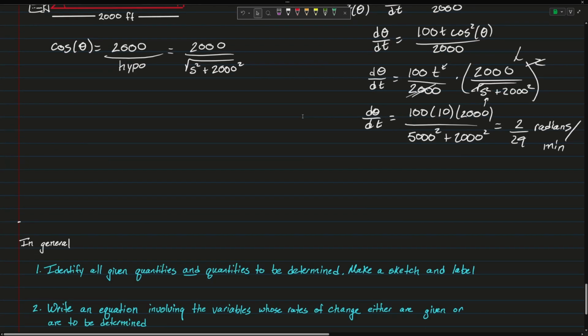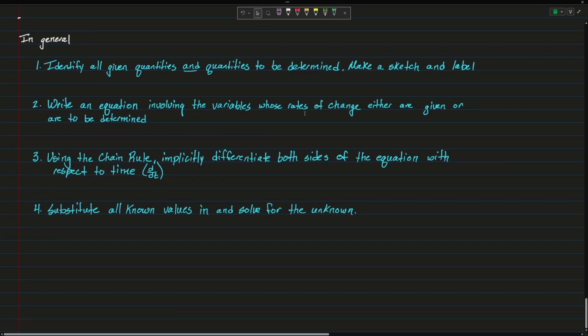All right. So in general, and we're gonna do some examples in class, and there's some examples on the homework, in general, we're gonna follow these guidelines in order to answer related rates problems. We identify all the given quantities, and we're going to identify the thing that we need.